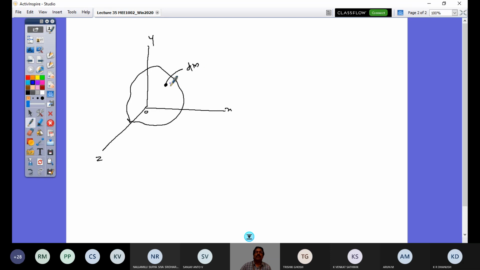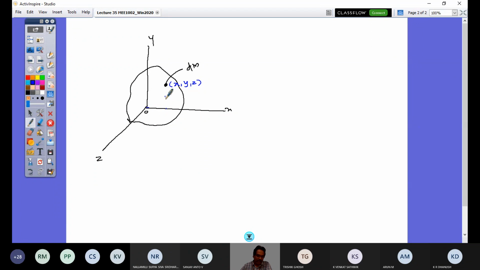So x is the distance along the x axis, then the distance along the y axis, and the distance along the z axis. I will have to move along the x axis, then the y axis, and then the z axis.